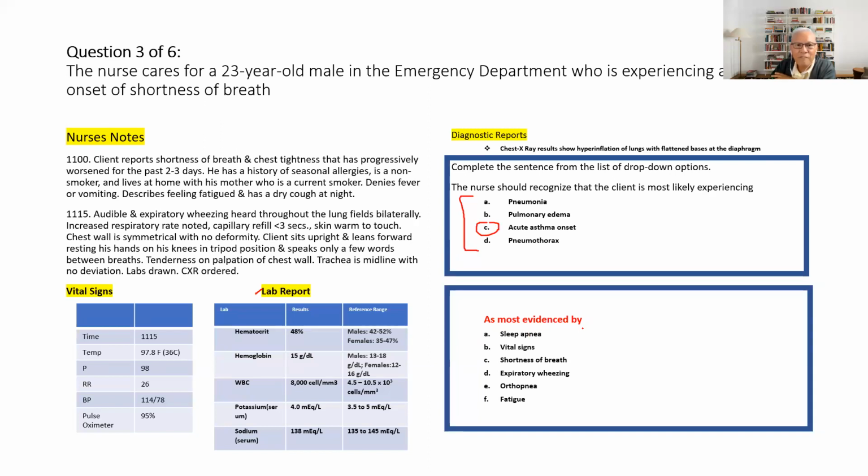As most evidenced by sleep apnea, the vital signs, the shortness of breath, the expiratory wheezing, orthopnea, or the fatigue. Which one is the classic one? Yes, Rhiannon, very good. It would be the wheezing that's going to be the expiratory wheezing. That's going to be the characteristic of an asthmatic attack.